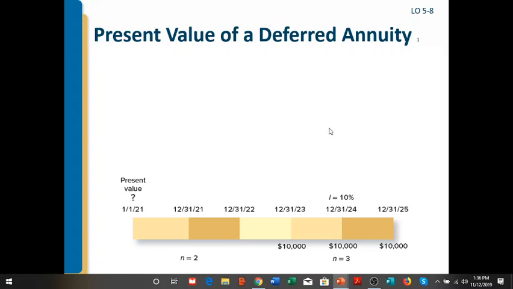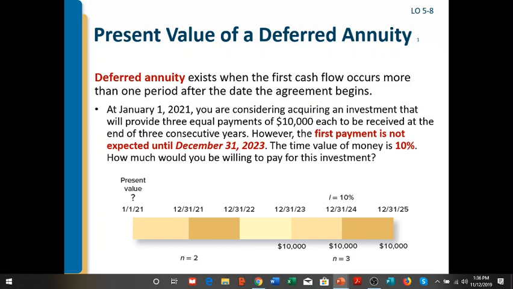Last but not least, you can have a deferred annuity. An example of this would be where you're going to receive a certain amount of money at some future date. The first cash flow in a deferred annuity occurs more than one period after the date the agreement begins.